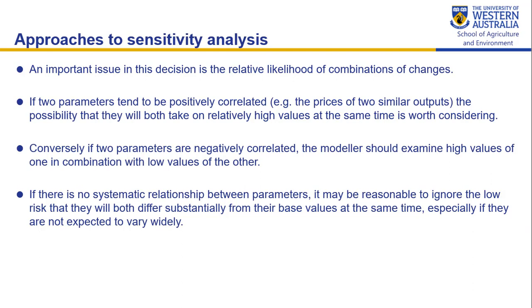Conversely, if the two parameters are negatively correlated, the modeler should examine high values of one in combination with low values of the other. If there is no systematic relationship between parameters, it may be reasonable to ignore the low risk that they will both differ substantially from their base values at the same time, especially if they are not expected to vary widely.